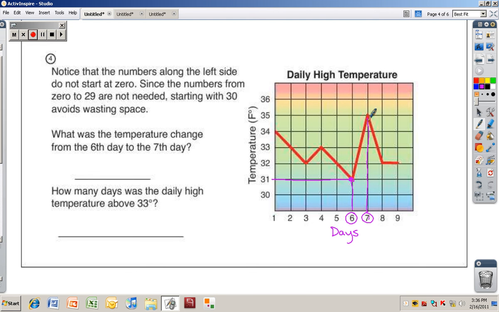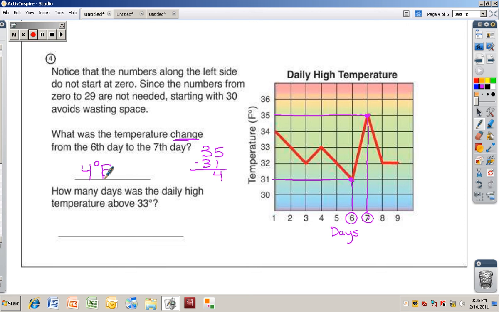The temperature on the 7th day, you don't have to draw this on your paper, I'm just drawing it so you can see where your eyes should be looking, was 35 degrees. And it says, what was the temperature change? Well, the change would be from 35 to 31. If we do a subtraction problem, we can figure out that it changed 4 degrees. And the way that you do this is you write 4 degrees Fahrenheit. A little tiny circle up there means degrees.